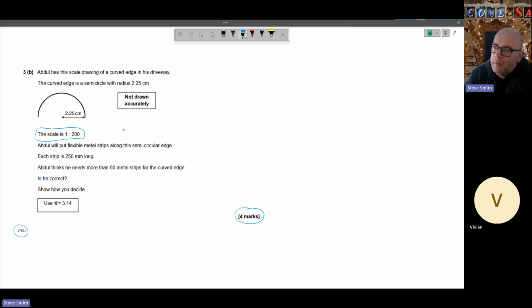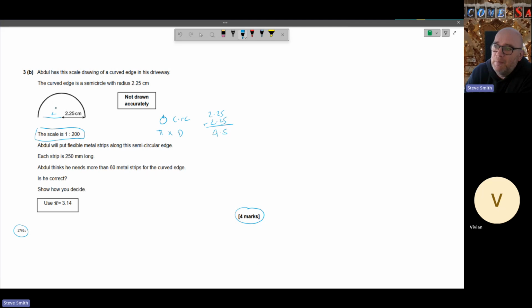We've still got circumference, so we've still got pi times diameter. We've got the radius, so we need to add it again. 2.25 add 2.25 equals 4.5.